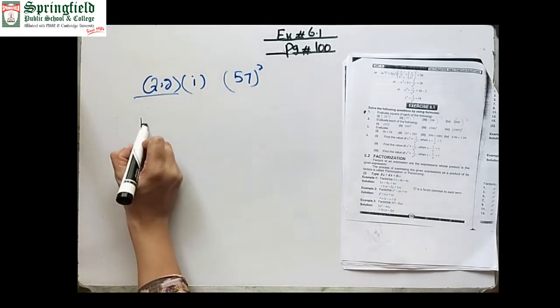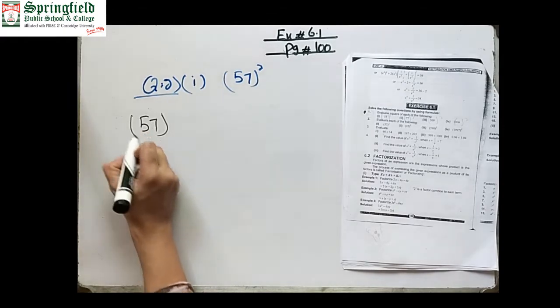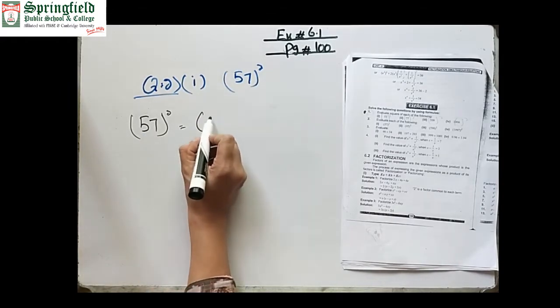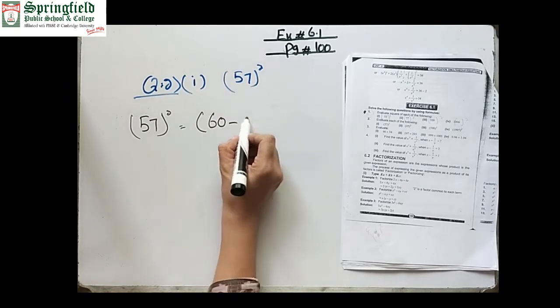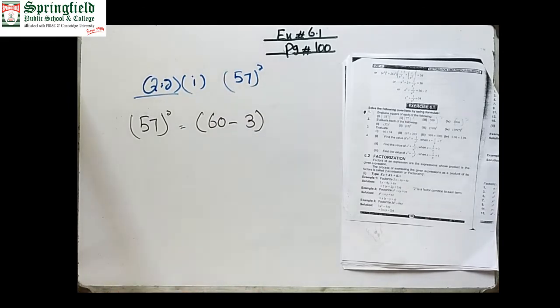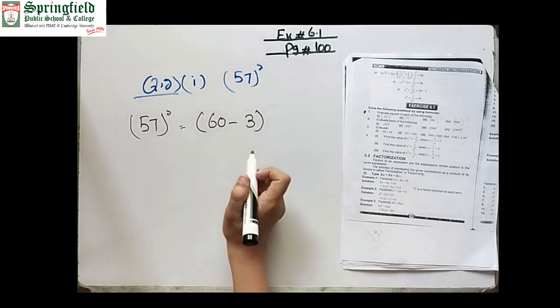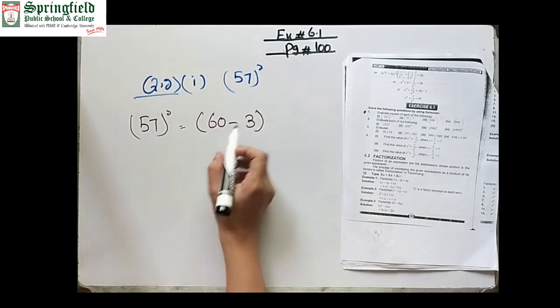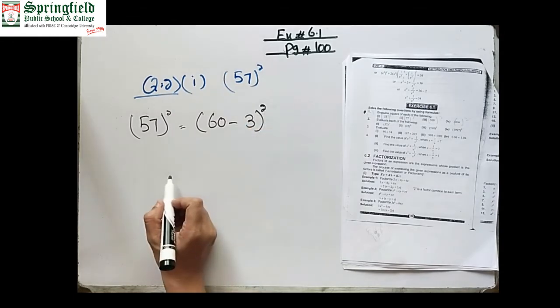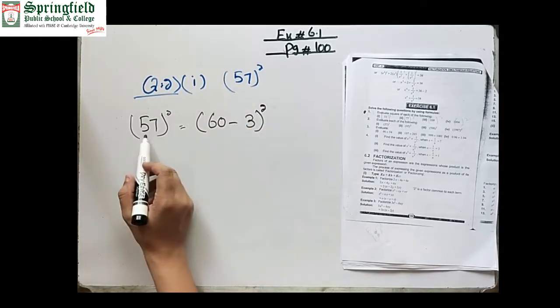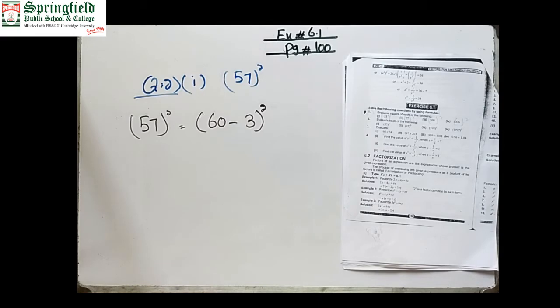So 57 can be written as 60 minus 3. We will use the subtraction formula. In the first question we used the addition formula a plus b, and here we are using a minus b whole square. So 60 minus 3 is equal to 57 and whole square.